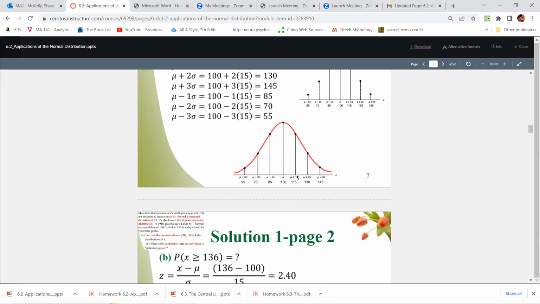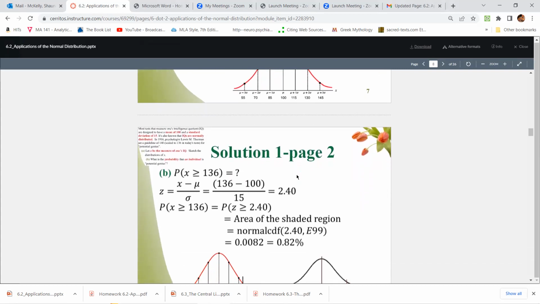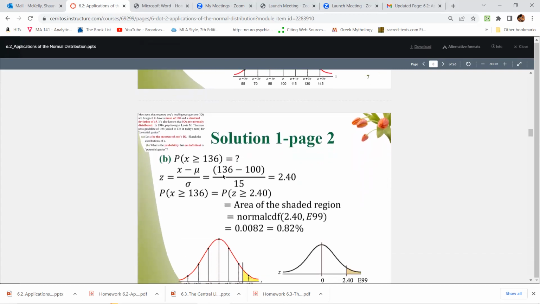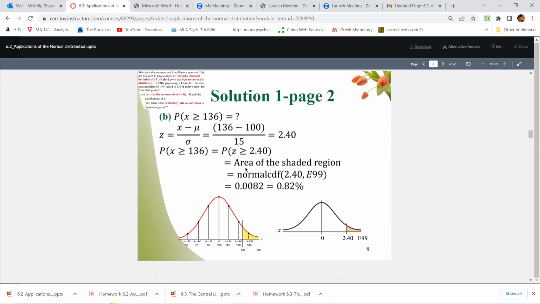That's the distribution. And it's asking you for the probability that somebody is a potential genius. That means their IQ, according to this problem, is at least 136. So there's your X. 136 minus 100 gets your z-score. Round it to two places. Then you're looking for the area larger.